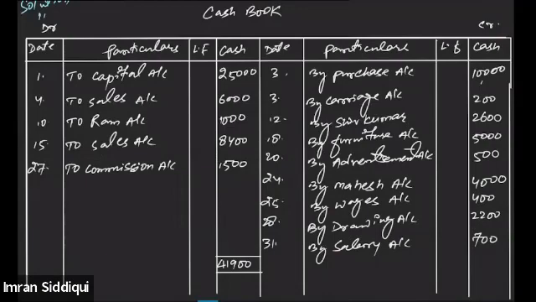So 16,300 is the balancing figure, which will be considered as the closing balance. So it will be written as by balance c/d. Okay, and after writing that, we will tally both the sides, and you should get the equal balance on both the sides.